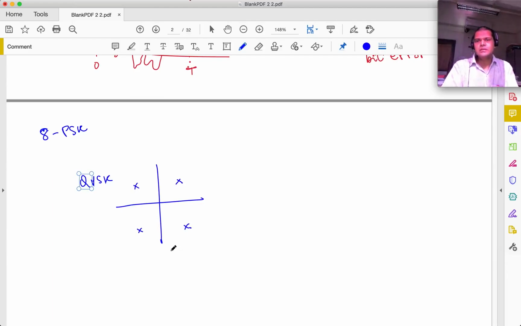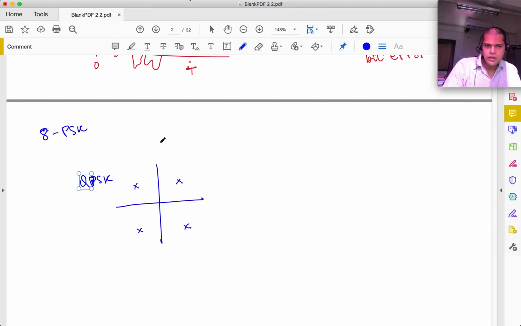All signals had the same amplitude. It's just that the phase shifted by 90 degrees. But why do we have to have only 4 of them? We can have more than 4. And last time we looked at QAM, where we actually changed the amplitude. But even if we keep the phase fixed, why do we need to have 4?